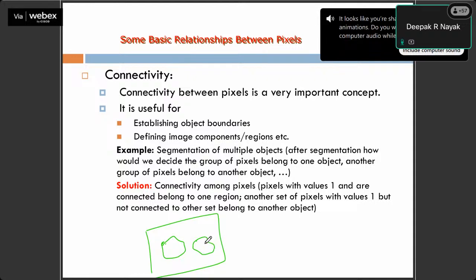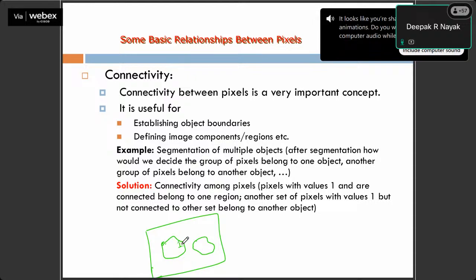But what is most important here is the connectivity between the two objects. This is a segmentation problem, where your task is to segment the different objects present in the image. If you can find the connectivity in this case, the pixel values with one are connected.